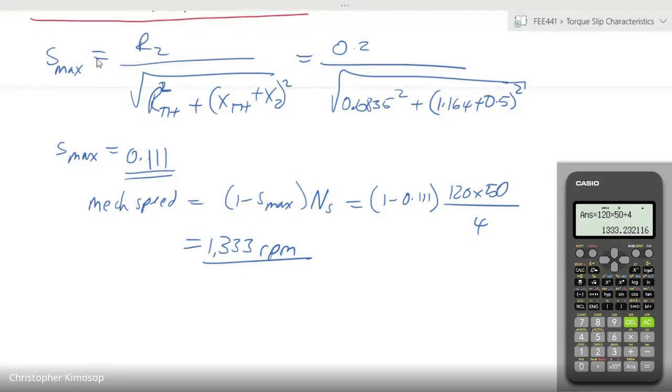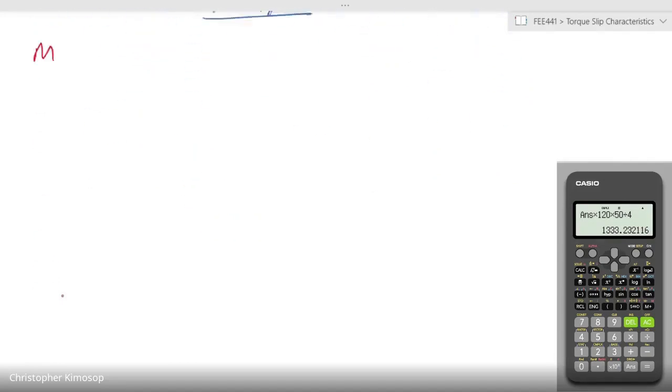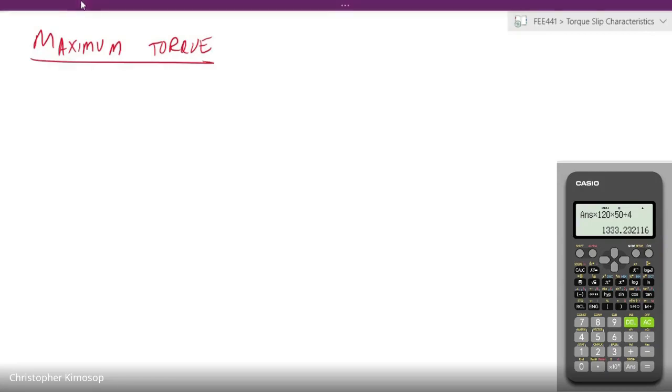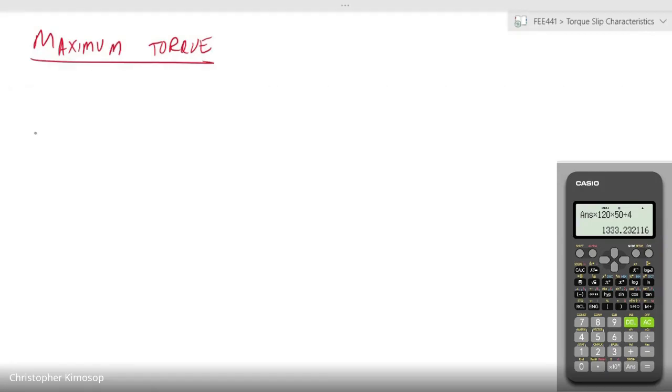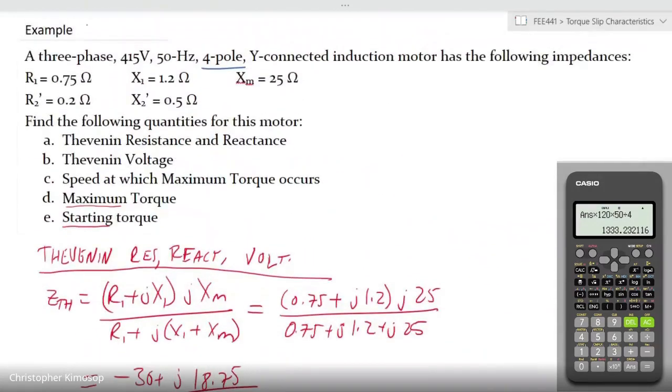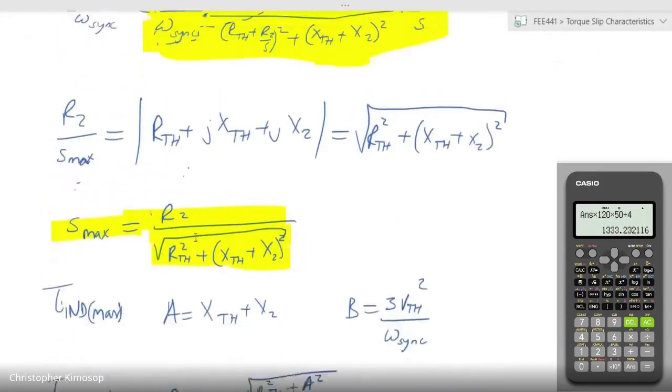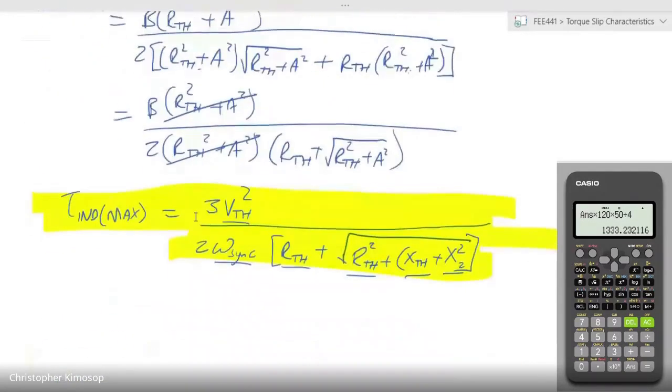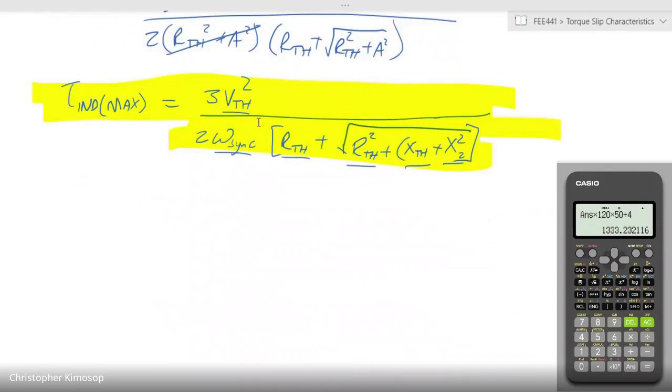What we need next is we are aiming for maximum torque, which has been the whole point of our exercise today. So we said maximum torque is given by that expression, right?